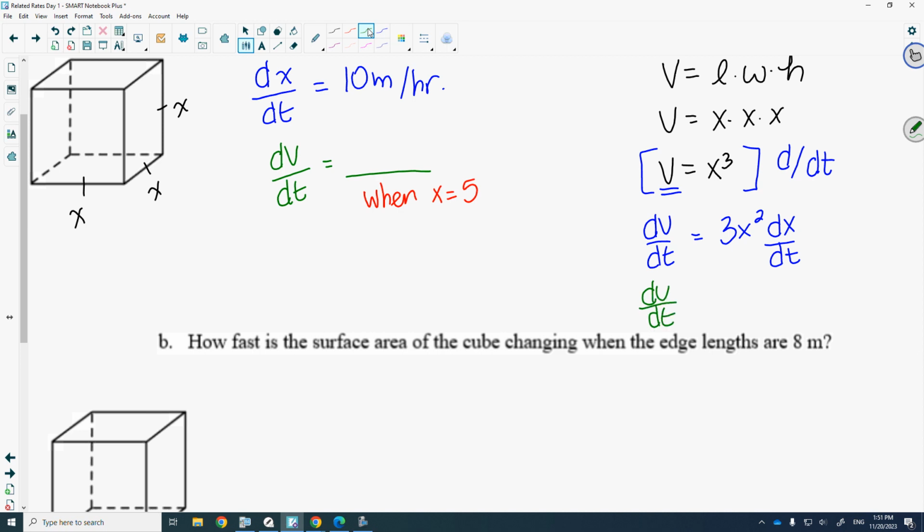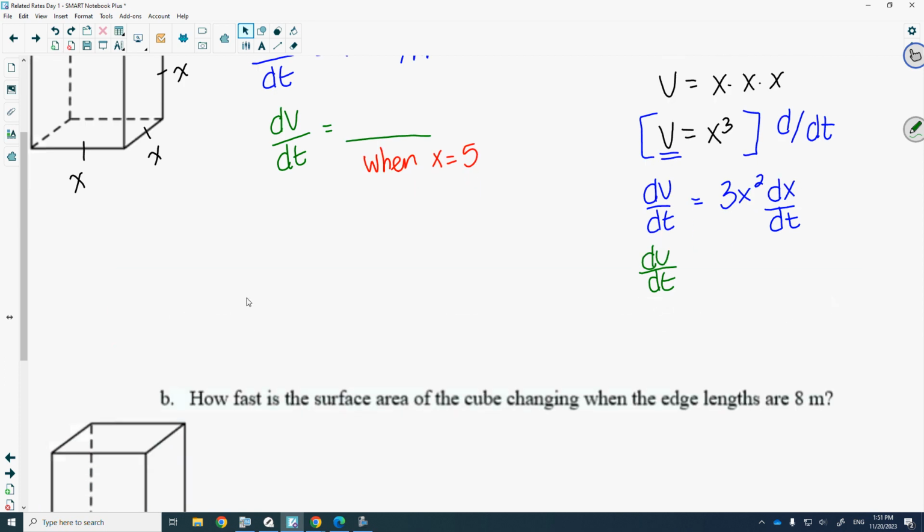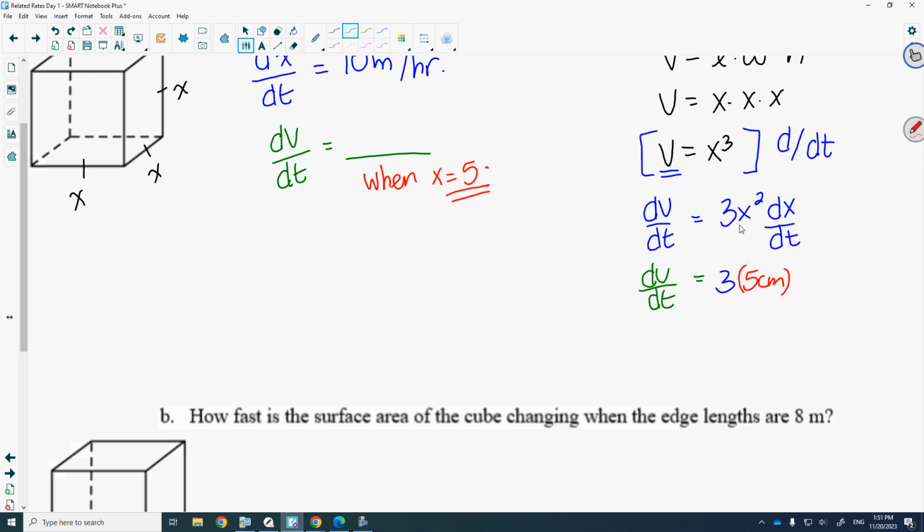Here's where I'll put in the units to sort of show you. You don't need units because a lot of you will be able to figure them out. So 3 times, x is 5. Now it's 5 centimeters, so I'm actually going to put 5 centimeters. Oh, is it meters? Yeah, meters.